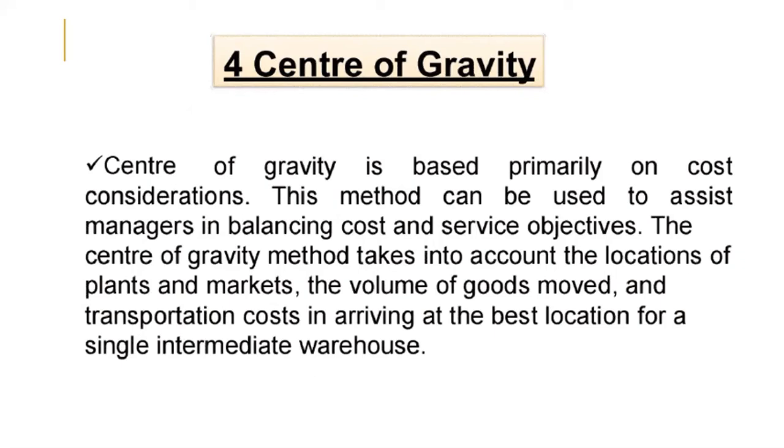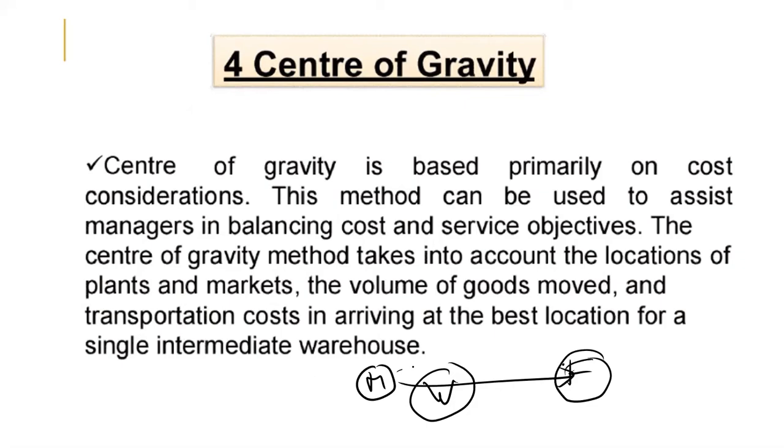Here we compare the amount of goods moved and the transportation costs incurred in arriving at the best location for the intermediate warehouse. Here will be the market, and here will be the warehouse in between, and this will be the facility location, and through this there will be some volume transported to and fro between the market and the facility location. I hope the center of gravity technique is clear.